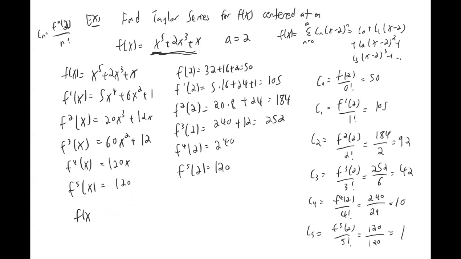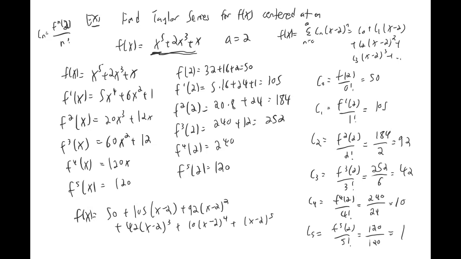So f of x is actually 50 plus 105 times (x minus 2) plus 92 times (x minus 2) squared plus, what's C3? 42 times (x minus 2) cubed plus 10 times (x minus 2) to the 4th plus (x minus 2) to the 5th.